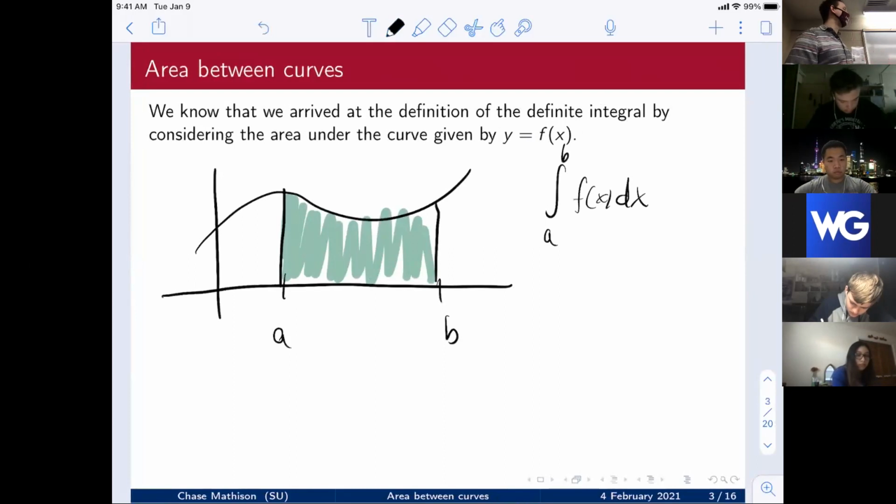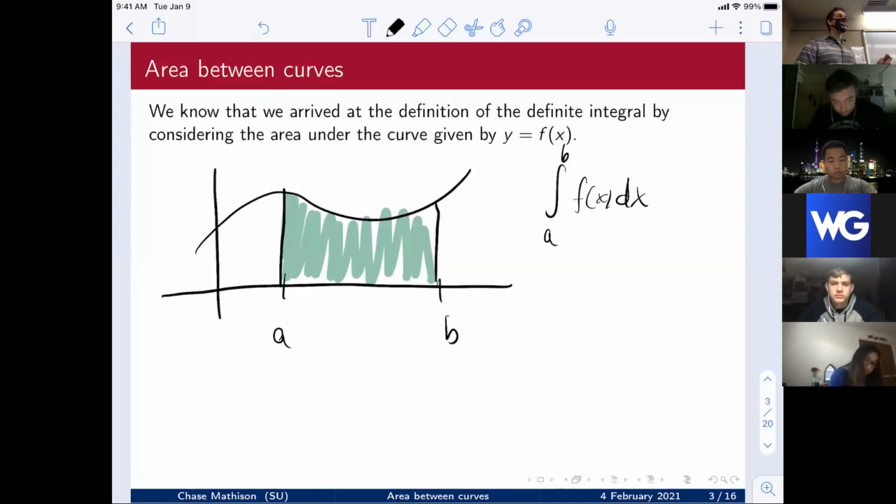And how did we find this area? What did we do at the very beginning when we didn't know what to do? Exactly. We took this thing that we didn't know how to do, and we said, okay, first let's try approximating.